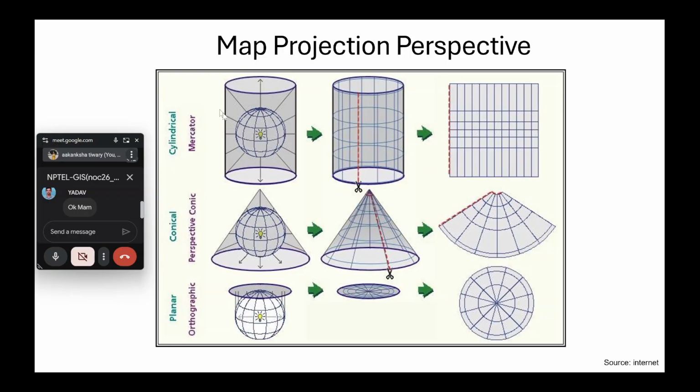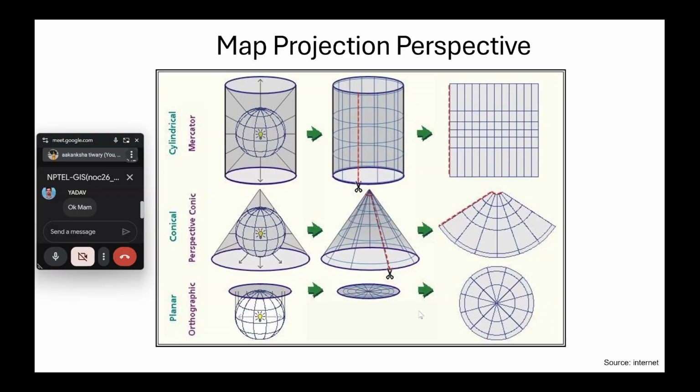If you see a cylindrical or Mercator map, it will be like this. It is basically projecting like this. The projection is going to be like this, and then in conical it will look something like this, and then we have planar and it will look something like this.